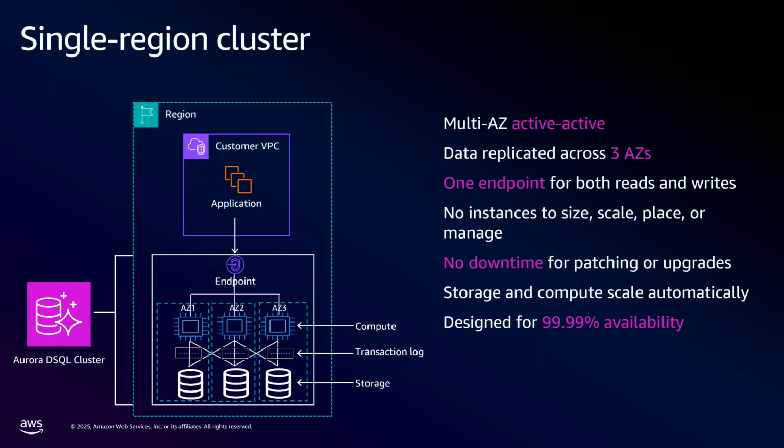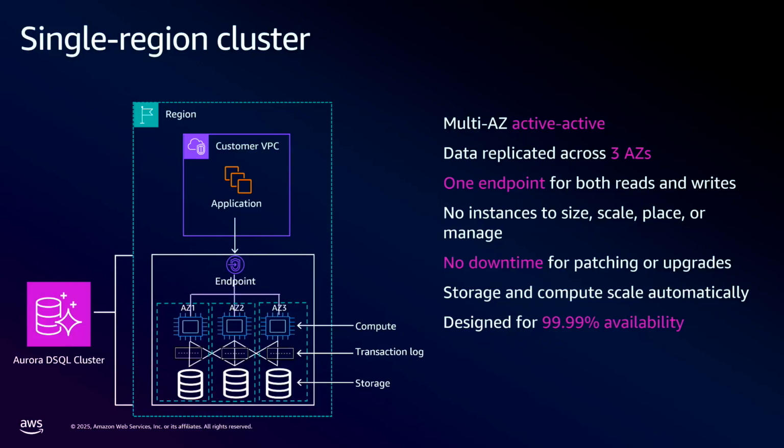The cluster gives you an active database, which means that all components in this region can handle read and write queries as well. The cluster is distributed across multiple availability zones, with the data being replicated across 3 AZs.